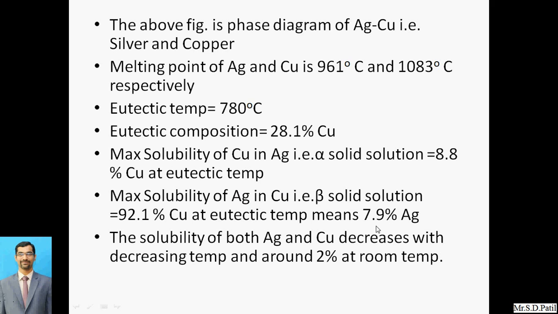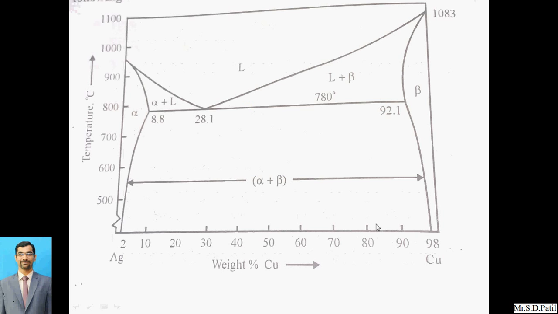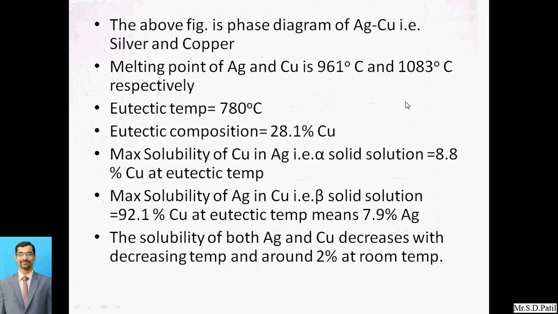That is 7.9% Ag. So when everything is in the copper, maximum 7.9% silver can be soluble in the copper at eutectic temperature. So at eutectic temperature, 7.9% Ag can be soluble in the Cu.